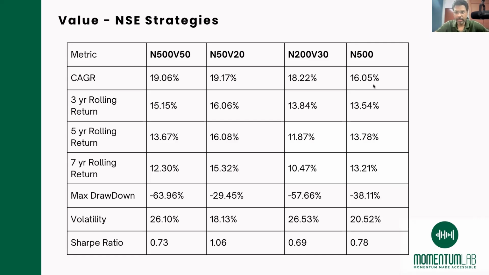Now, what does a rolling return mean? Let's say we have a time span of Jan 1, 2009 till 20th May 2025. There are different 3-year periods within this entire time frame. There is one time period of Jan 1, 2009 till Jan 1, 2012. Then there is Jan 2, 2009 till Jan 2, 2012. So you can see that there are so many 3-year periods within this entire time frame from 2009 till 2025, of the 16 years.